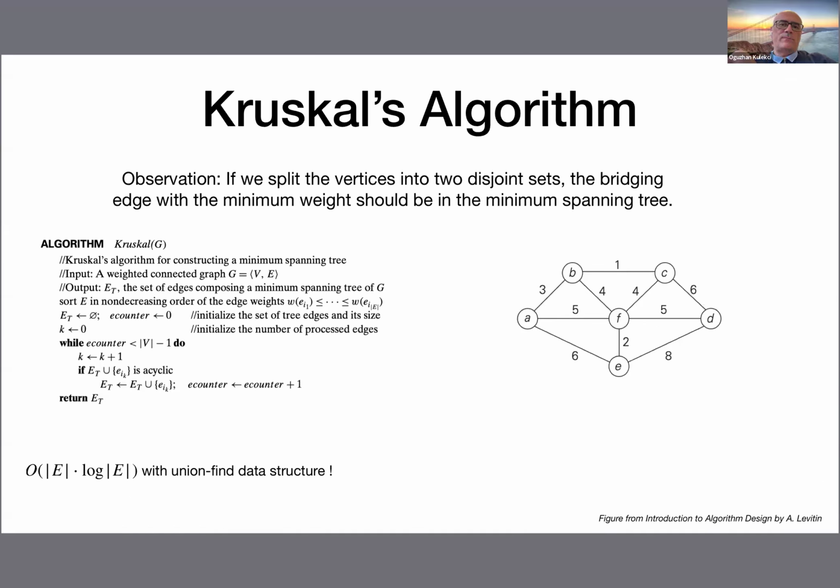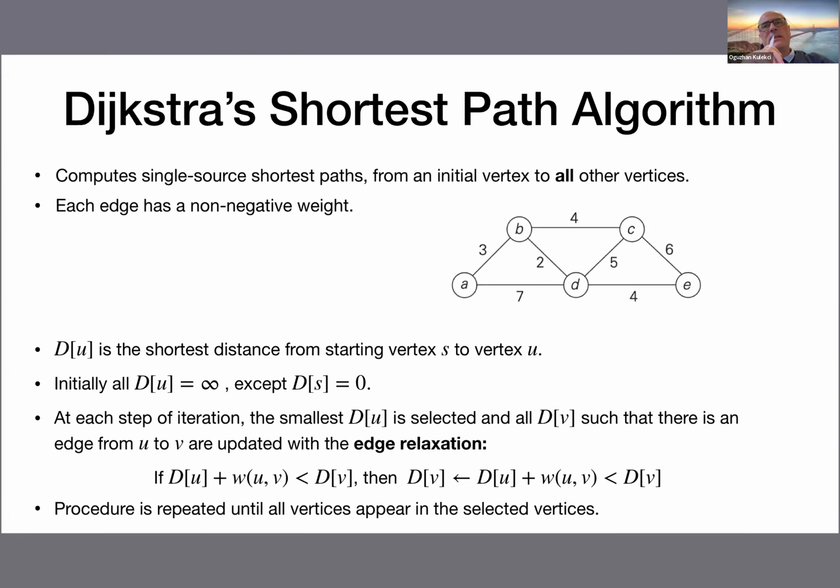Up to this point, we have seen Prim's and Kruskal's algorithms for the minimum spanning tree. At each step of those algorithms, we just take the locally optimal step. We do not spend time analyzing what will happen in the future.